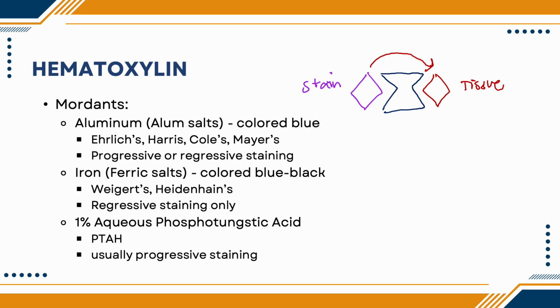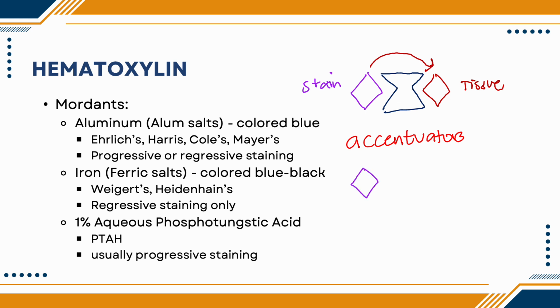Now, do not be confused with the term accentuators, because accentuators are similar to mordants in the sense that they proceed the staining reaction. However, the staining can occur even in the absence of accentuators. So what does it look like?